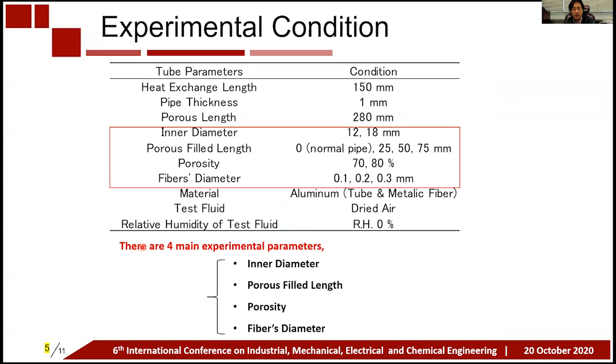The experimental conditions are as shown in this table, using dry air with 0% relative humidity. In particular, the four main parameters, circled in red, are very important: inner diameter, porous filling length, porosity, and fiber diameter.